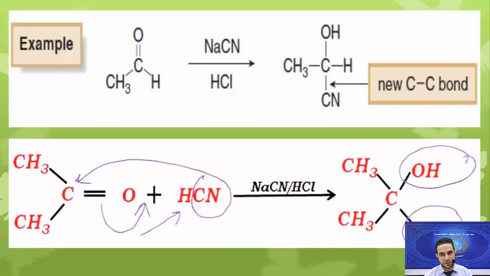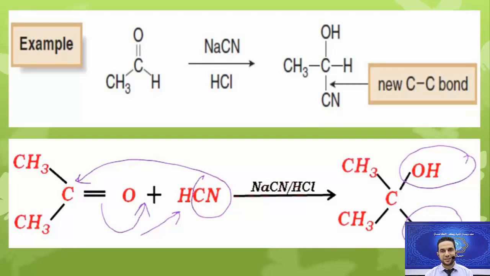In example 1, you will see CH3, C double bond O, H, this is an aldehyde, ethanal, plus NaCN and HCl. What you will do, you will add H and CN. Where H will be added, you will add it after you remove the double bond with oxygen. You make it a single bond, then you add H beside O and make a new bond between carbon and CN.